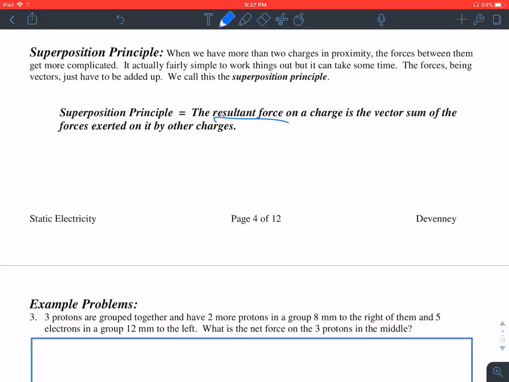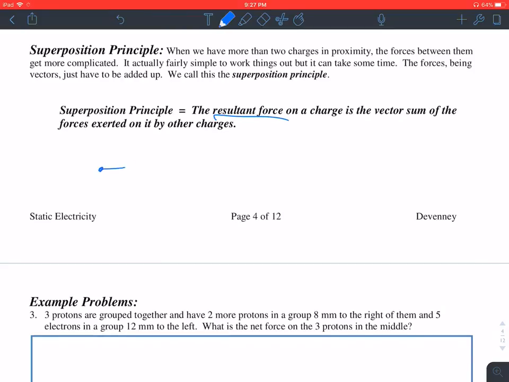So basically, we know if I pushed an object to the right with a force of 1 Newton, and you also pushed to the right with a force of 2 Newtons, that the net force would be 3 Newtons.